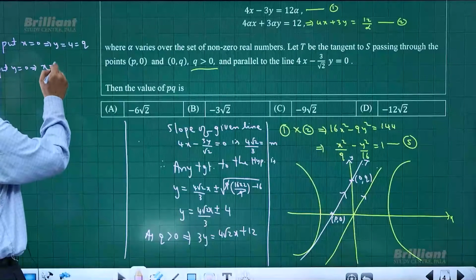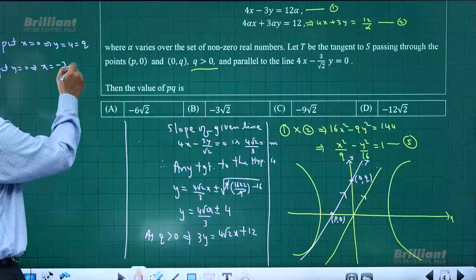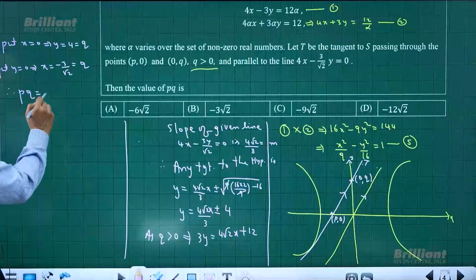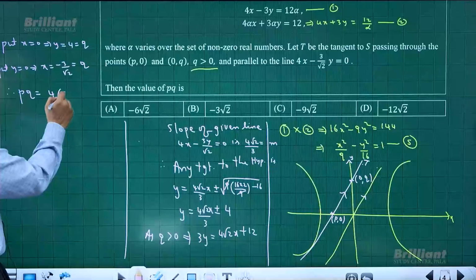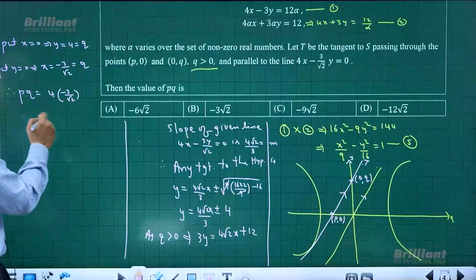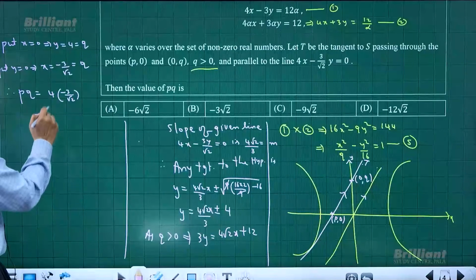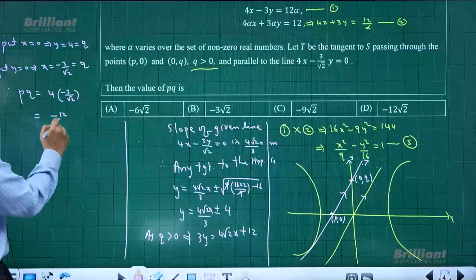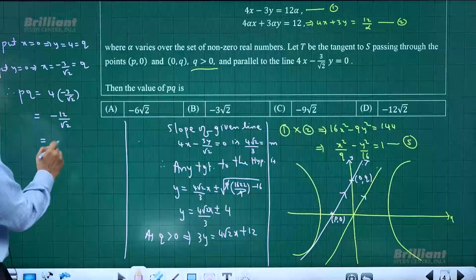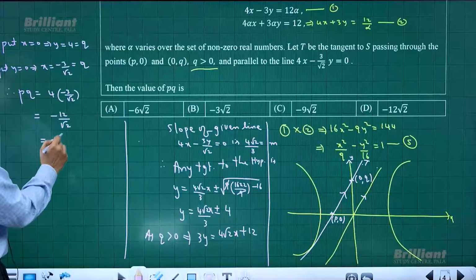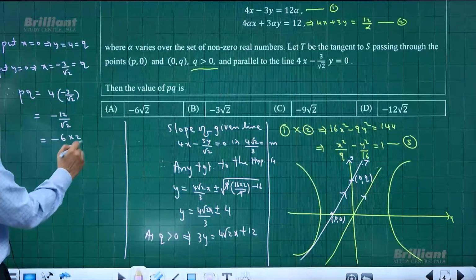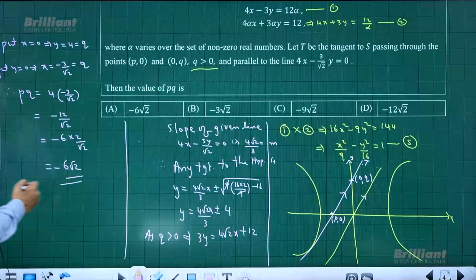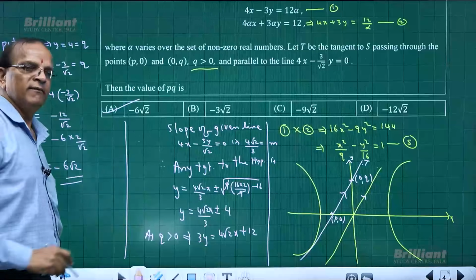So x is minus 3 by root 2, which is P. Therefore PQ is 4 times minus 3 by root 2, which equals minus 12 by root 2, which is minus 6 into 2 by root 2. The root 2 cancels, giving minus 6 root 2. This is the answer, so option A.